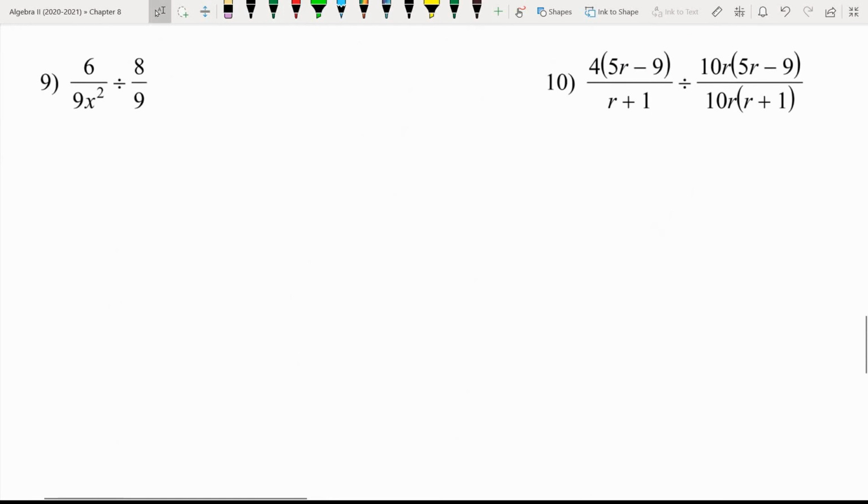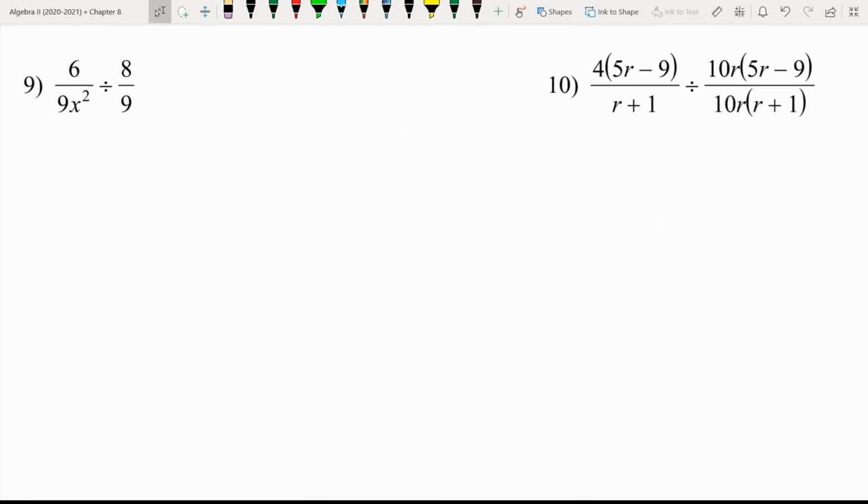Problem number 9 here, had to remember that you need to flip and then multiply. You could have done some canceling first if you wanted, but I'll save that till the next step. So we'll rewrite this as 9x squared rather, and now it's times 9 over 8. So you can see that these 9's are going to go bye-bye.